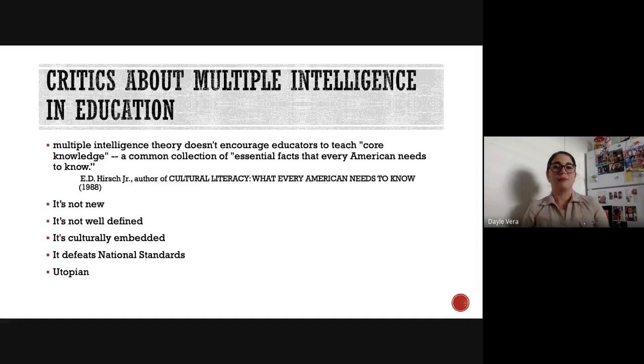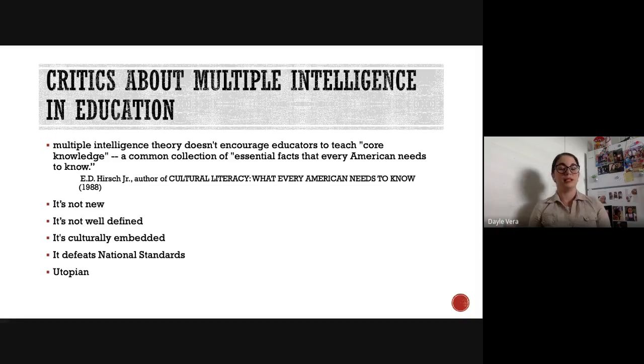So some criticisms of multiple intelligence in education have to do with some people believing that it's not applicable to all the core knowledge that a student needs, but in fact it can be applied. We can still teach the core knowledge that we need, math, sciences, English, and social studies, and it can still be done the way that multiple intelligence describes.